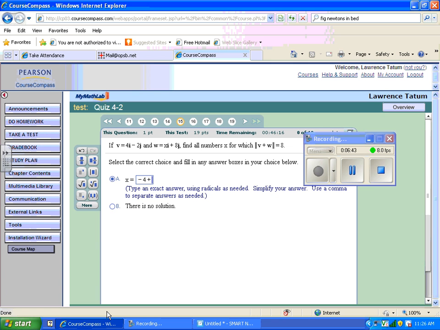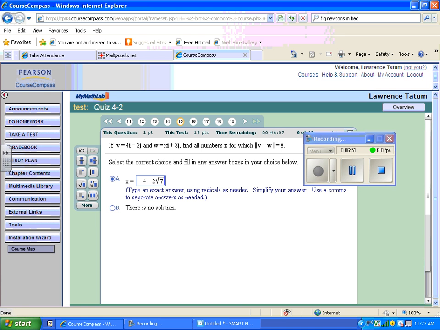Am I punching it in right? Does that look good?